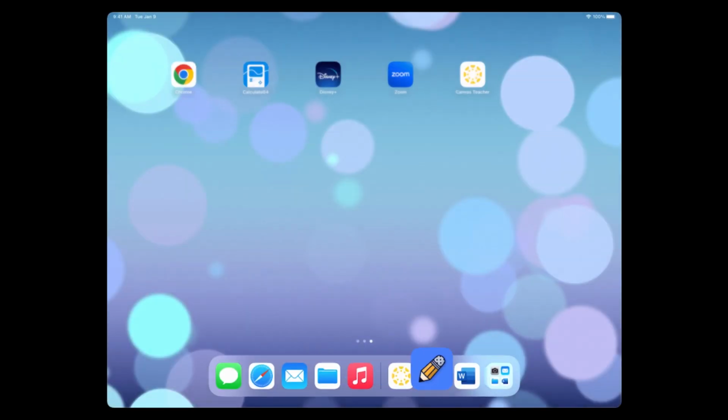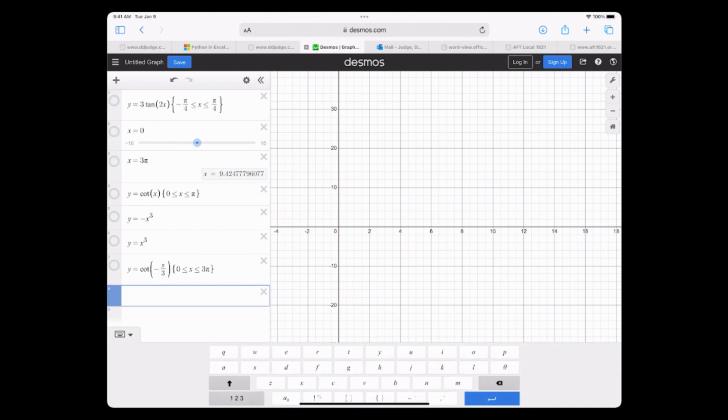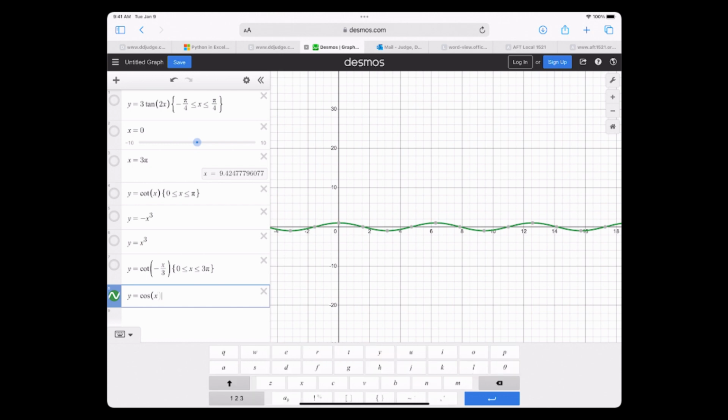So if I go to Desmos now, I want to do that because I like showing you guys this information in Desmos. Graphing cosine and one cycle, we'll clean it up so you guys can see this.